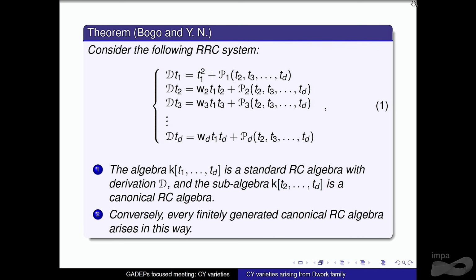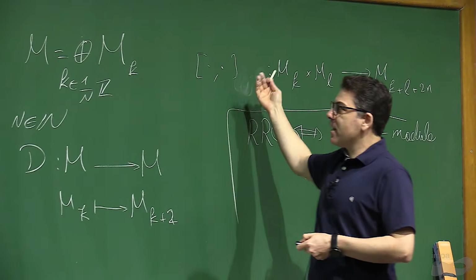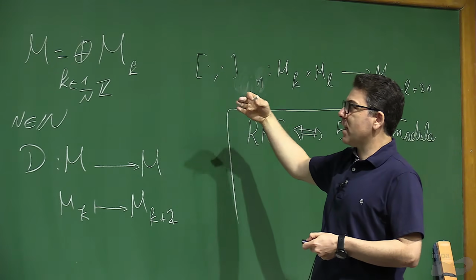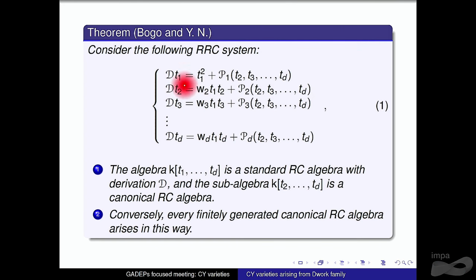And conversely, every finitely generated canonical Rankin-Cohen algebra arises in this way. In other words, if we have a canonical Rankin-Cohen algebra, we can find such a derivation D, a derivation W, and delta, and we can recover the RRC system.